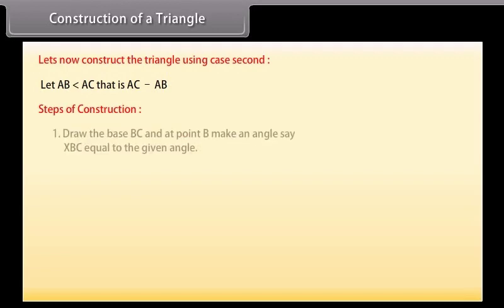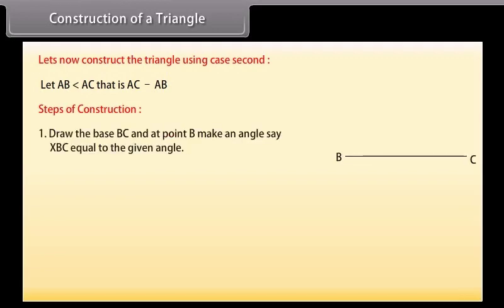Let's now construct the triangle using the second case. Let AB be less than AC, that is, AC minus AB is given. Steps of construction. First of all, draw the base BC and at point B make an angle, say XBC, equal to the given angle.